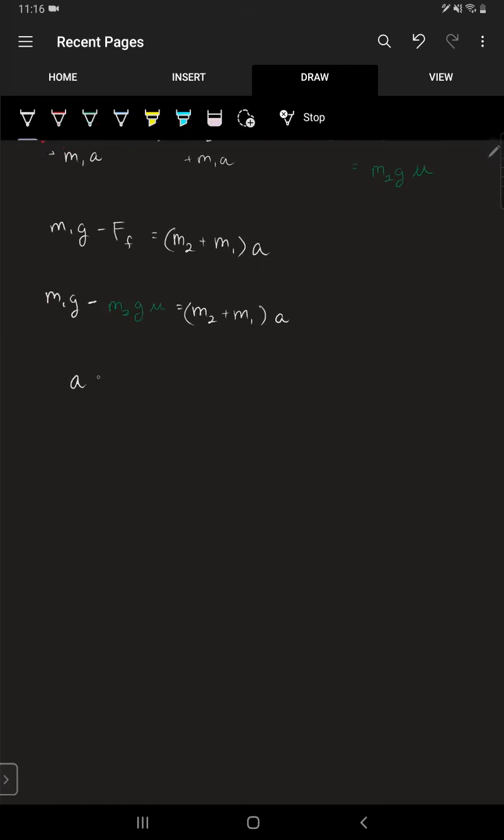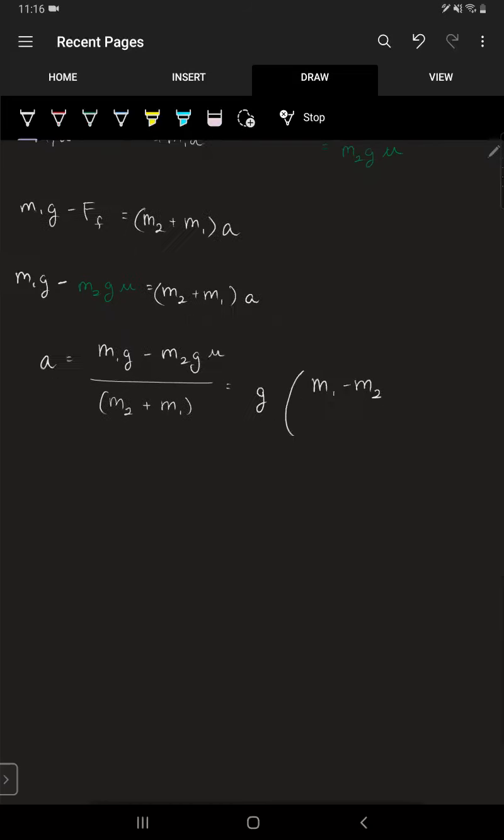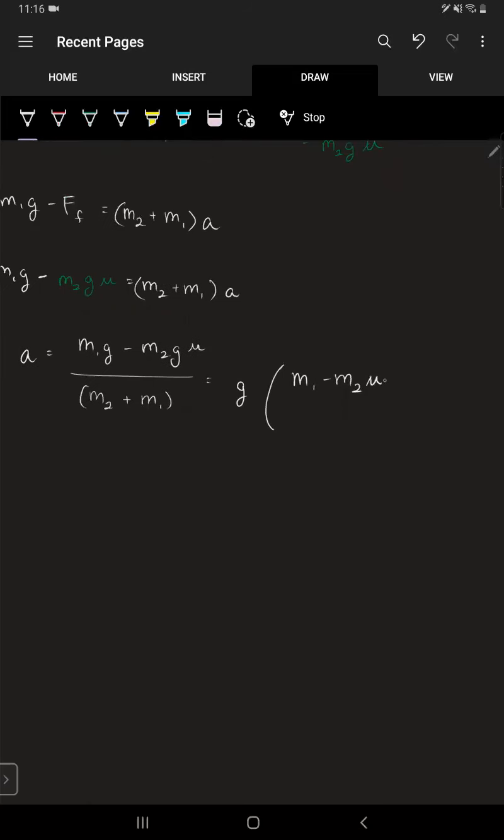So that means the acceleration is equal to M1g minus M2g mu divided by M2 plus M1, which is also equal to g times M1 minus M2 mu, divided by M2 plus M1. Wait, I forgot the mu here. My bad.